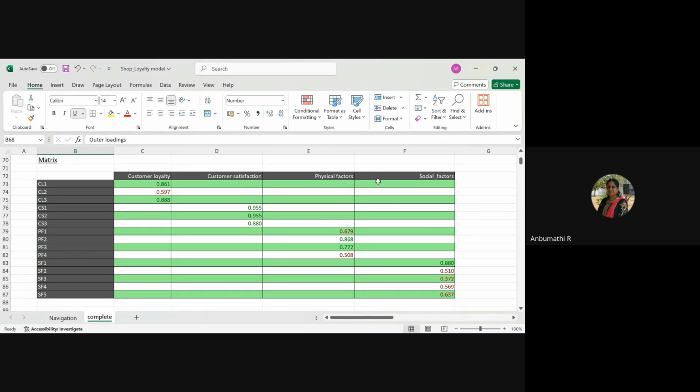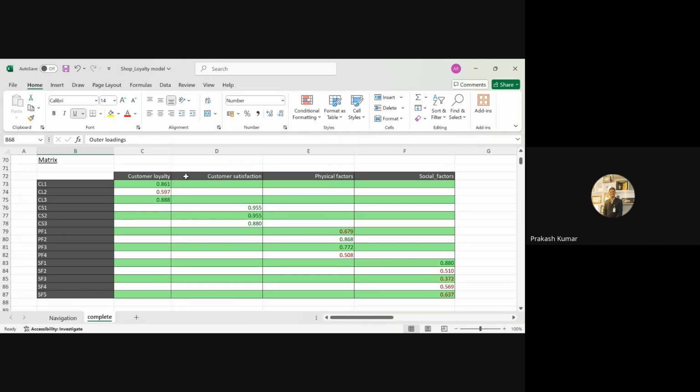Here it is showing some red colors. The red means it is alarming. When you take the customer loyalty, the CL2, it is showing 0.597 and it is showing in red color. In case of factor loading, generally, if it is greater than 0.6, it is actually good.